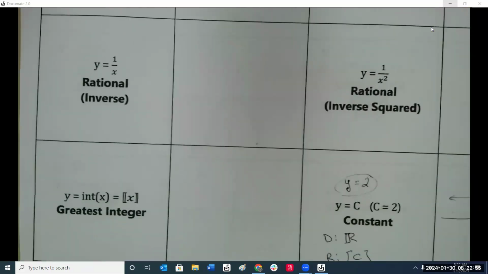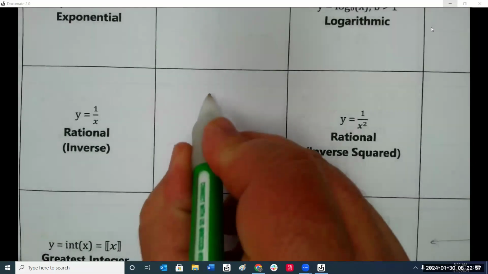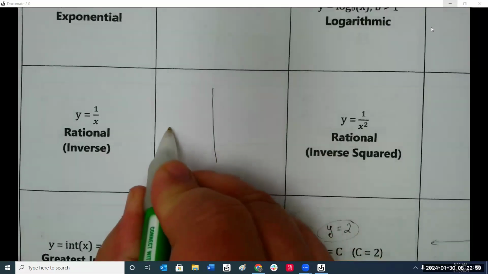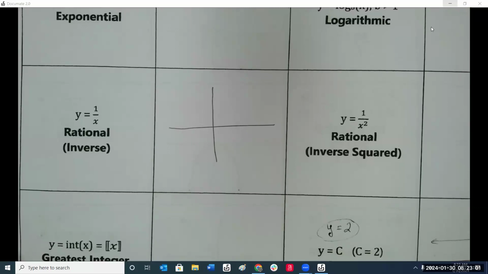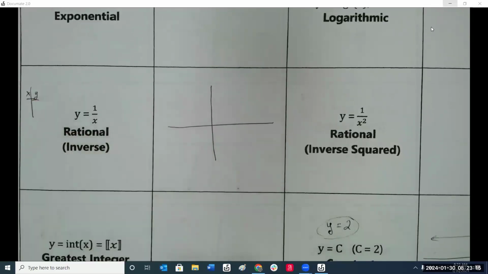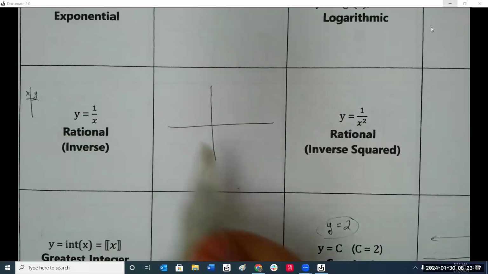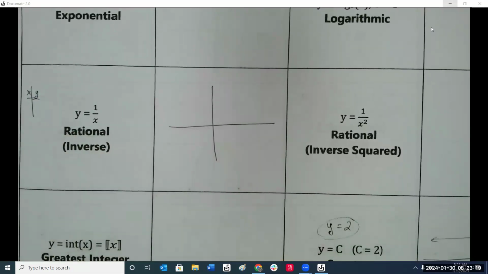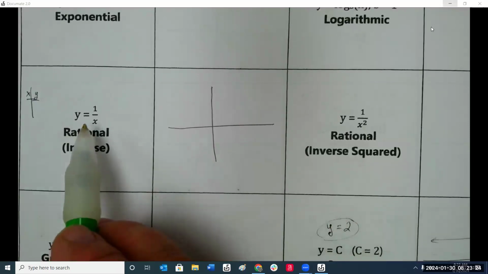Okay, let's look at 1 over x. What does that one look like? Well, let's look at it. If you ever get stuck, do an XY chart. Can x be negative? Yeah, because it just makes it negative.